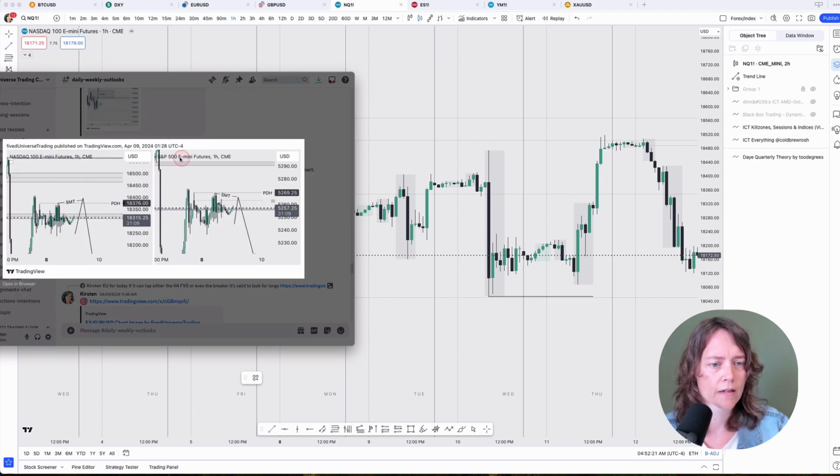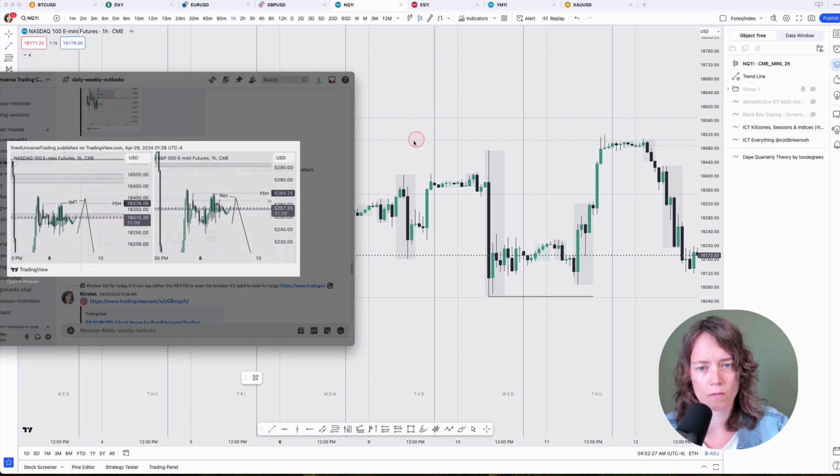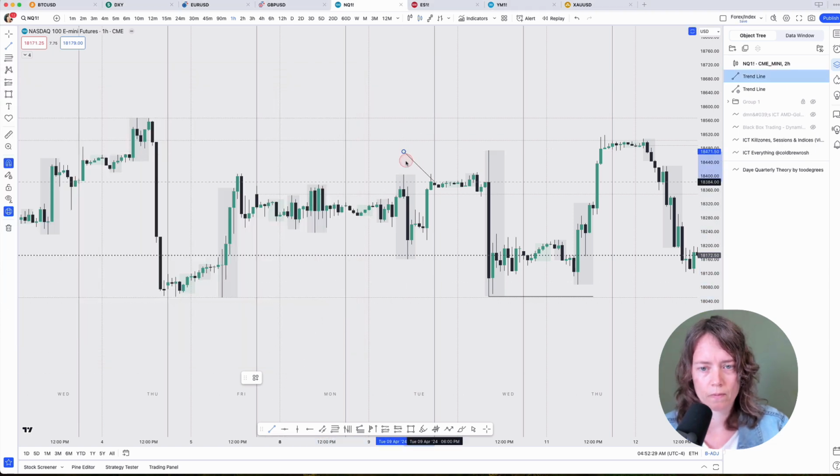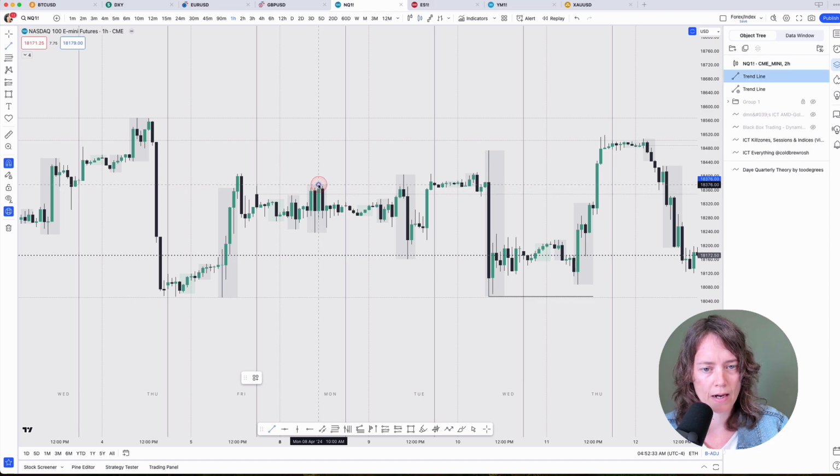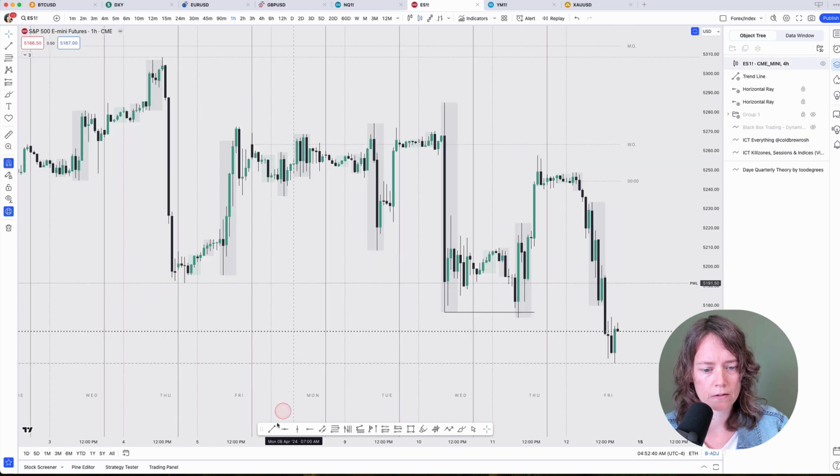Well, the divergence did not happen on the S&P. That one also took out Monday's high. However, the Dow did not. So what was I specifically looking for? This was Monday's high, right there. On Tuesday, it got taken out. Then I was watching the other charts.